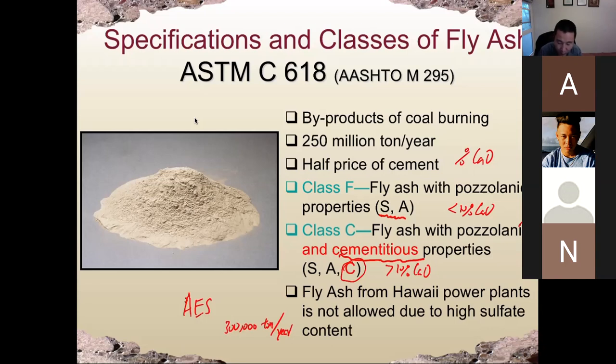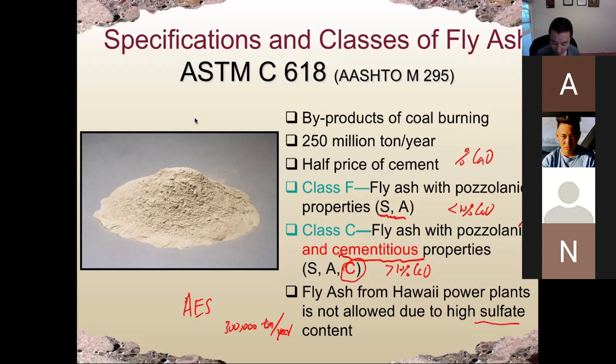But most of this fly ash cannot be used because the sulfate content in this fly ash is too high. So we cannot use that in normal Portland cement concrete because it may cause potential sulfate attack.